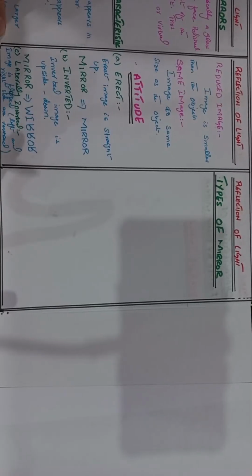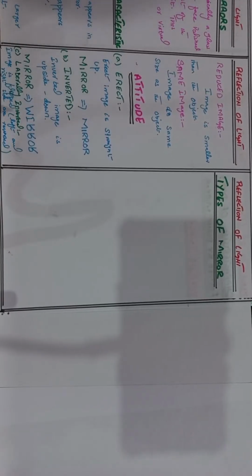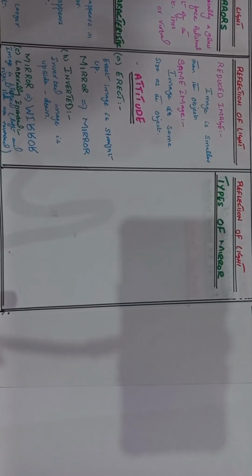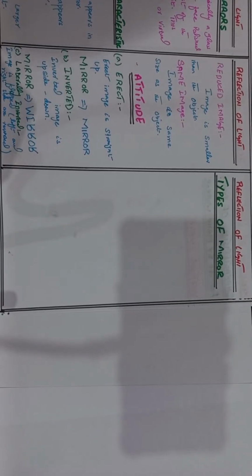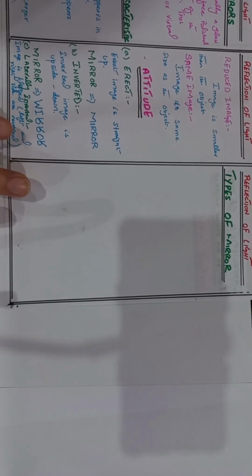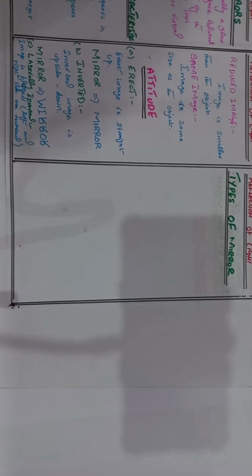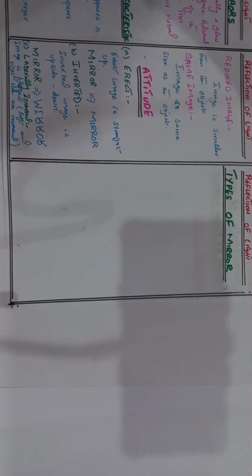When the left and right sides of the object are reversed, then the image that is formed is totally flipped. This is called a laterally inverted image. That is all about the attitude of the image, which has three types: erect, inverted, and laterally inverted.